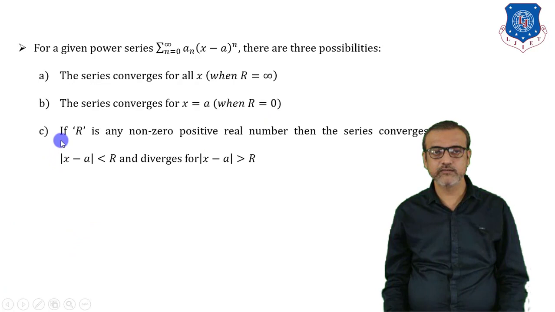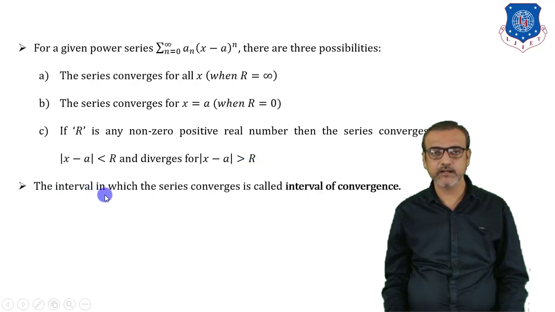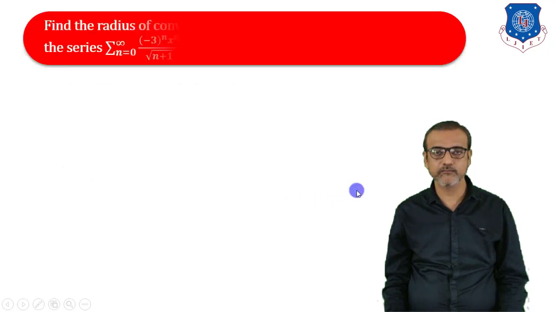And third, if capital R is any non-zero positive real number, then the series converges for modulus of x minus a less than R and diverges for modulus of x minus a greater than R. The interval in which the series converges is called interval of convergence.